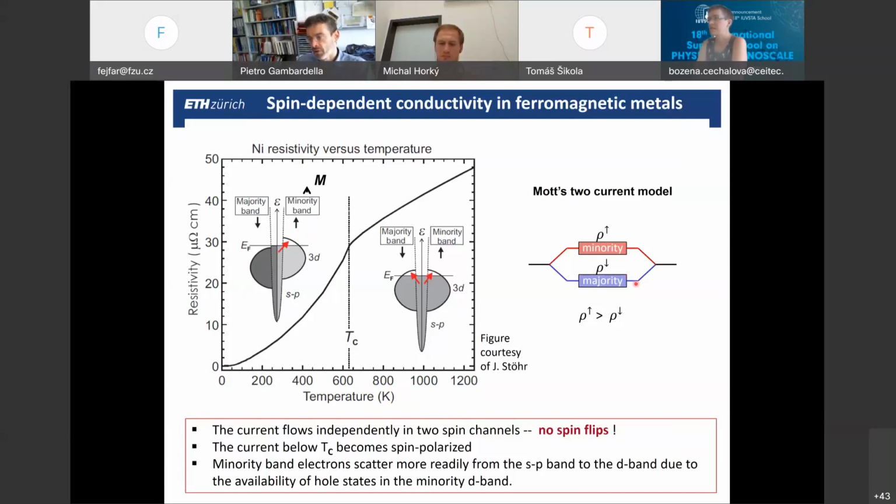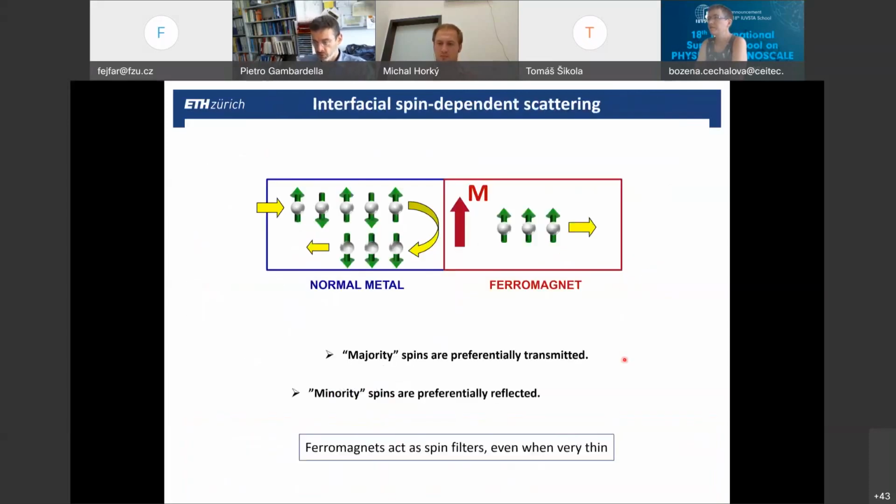And so then we have this so-called two-channel model where we can consider spin up and spin down electrons as having two different resistivities. Okay. So in a ferromagnet, mostly the majority spins that have magnetic moment aligned along the magnetization direction have a higher conductivity.